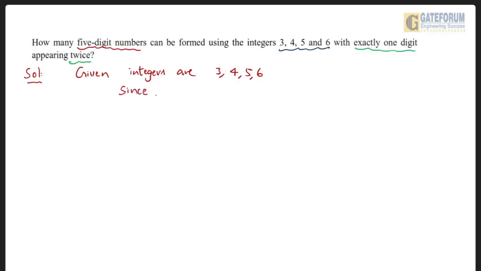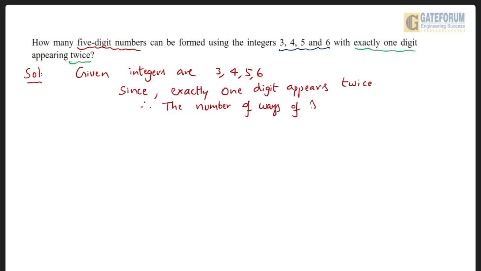Since exactly one digit appears twice in each of the 5 digit numbers, therefore the number of ways of selecting one digit from the given 4 digits is 4C1 ways, which is nothing but 4 ways.